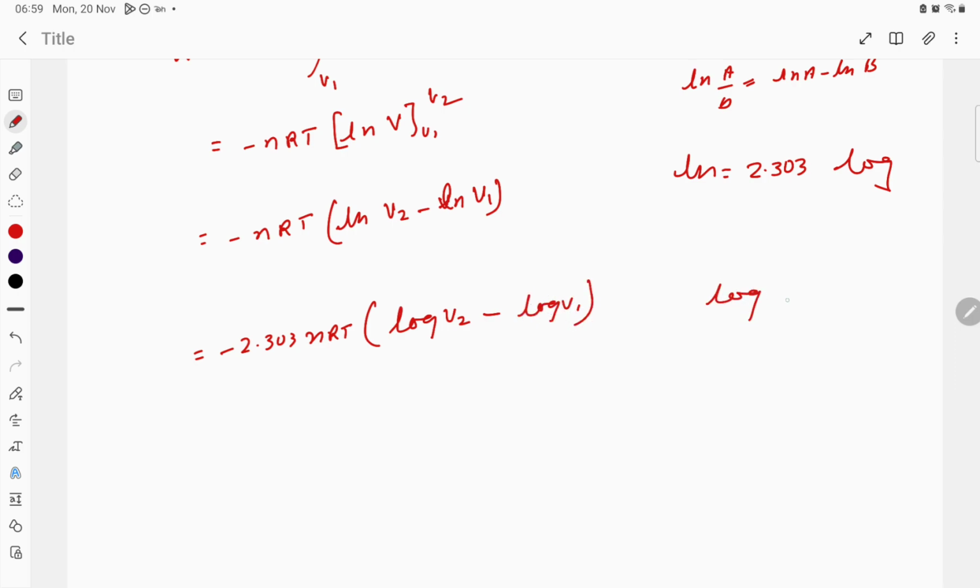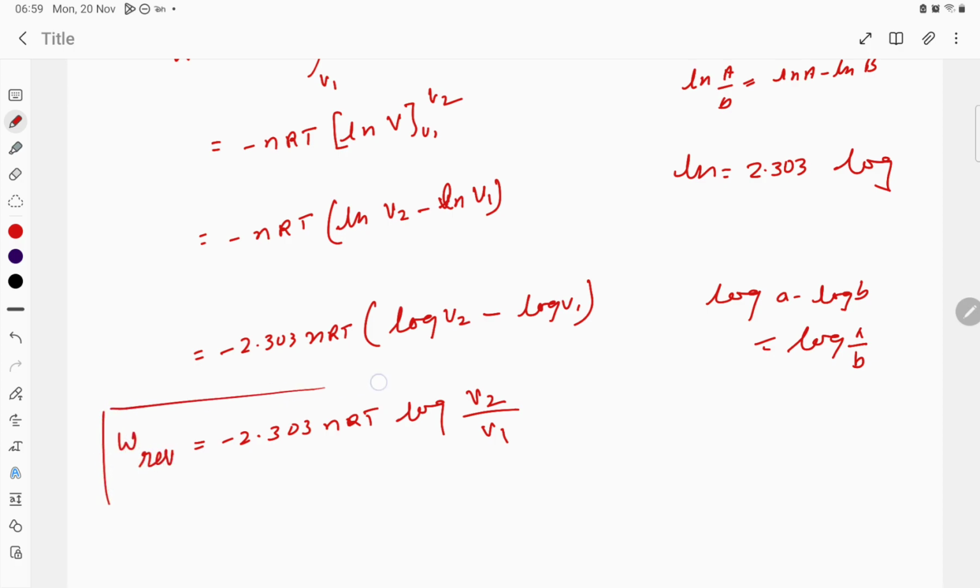Log A minus log B is log A by B. So it will split into 2.303 nRT log V2 upon V1. So this is the work done in the reversible process. Right student?